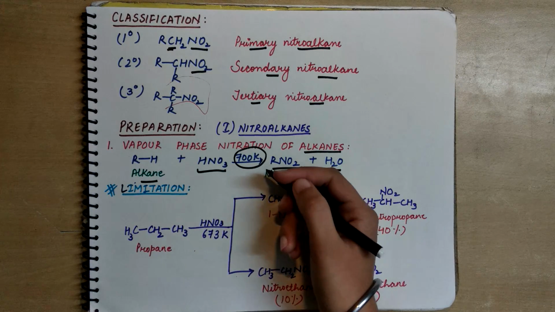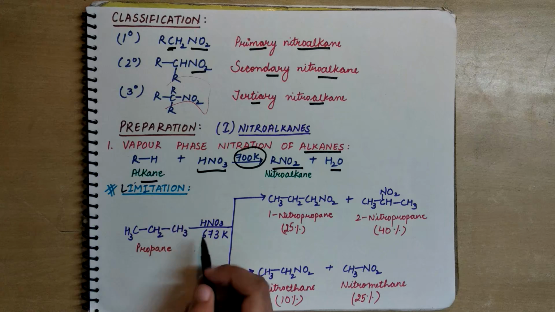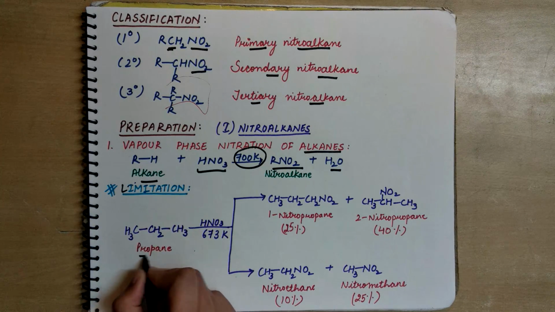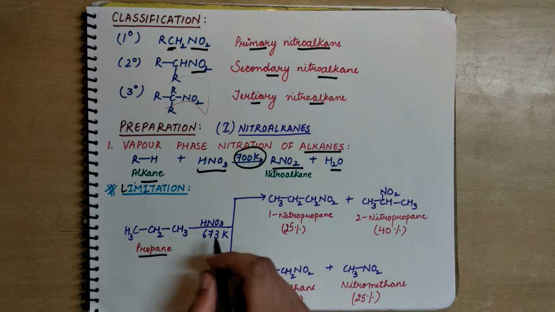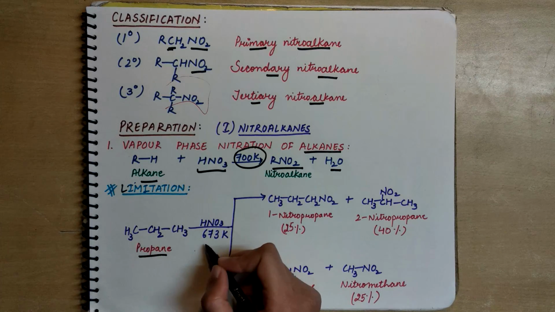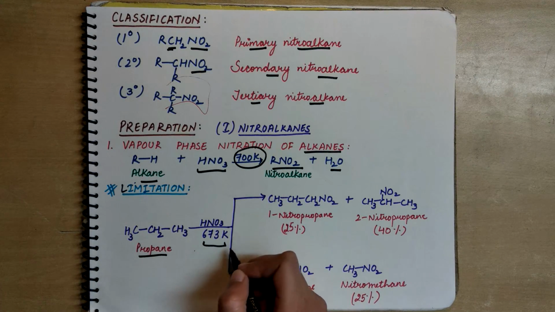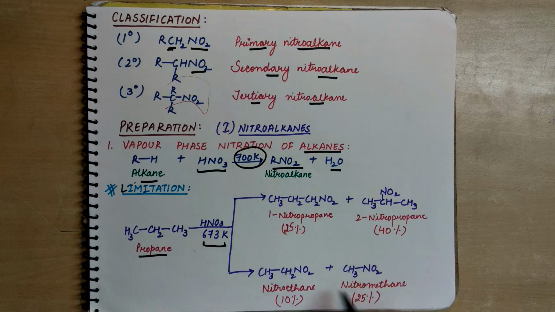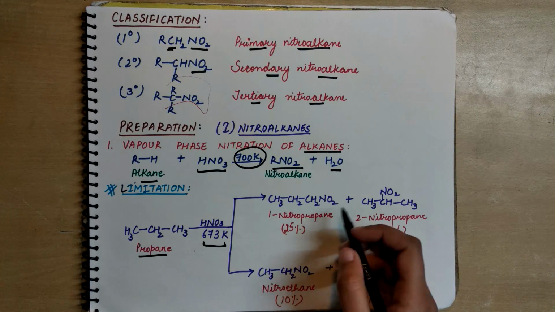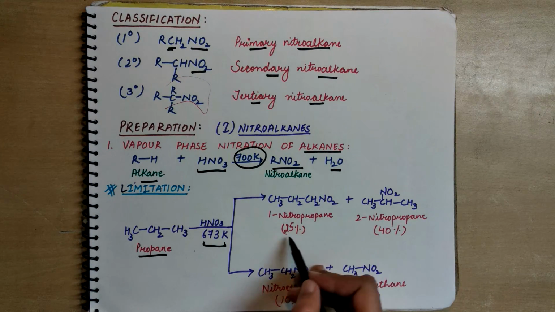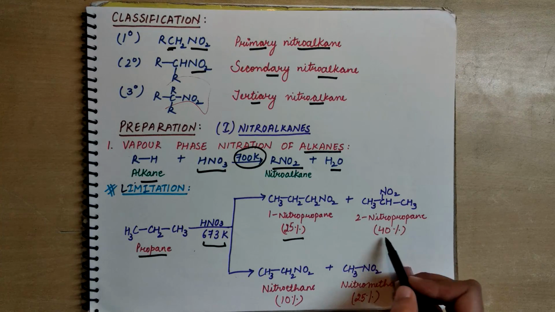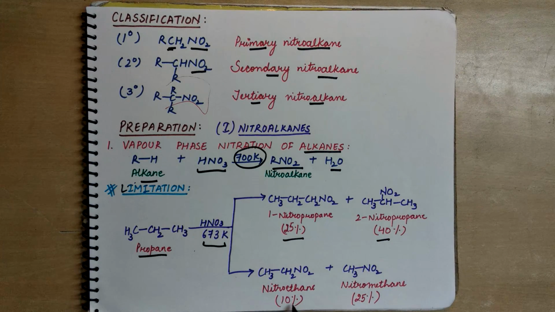This reaction has some limitations, because let us take an example. Here propane, we added nitric acid at 673 Kelvin. Here a mixture of products is obtained. Here we got 1-nitropropane 25%, 2-nitropropane 40%, nitroethane 10%, nitromethane 25%.